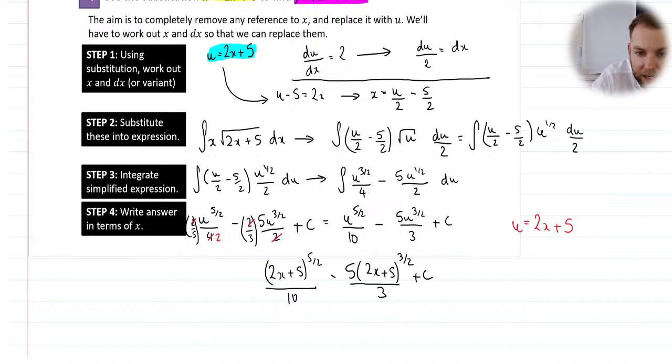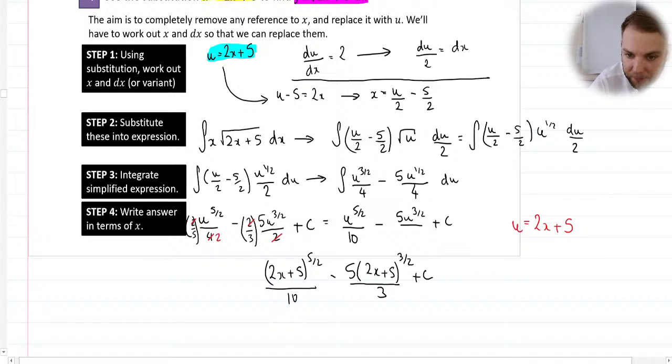I have made a little tiny mistake here, and it is for this part. When I expanded this out, 2 times 2 should be 4, so this is going to be over 6 here. Like so.